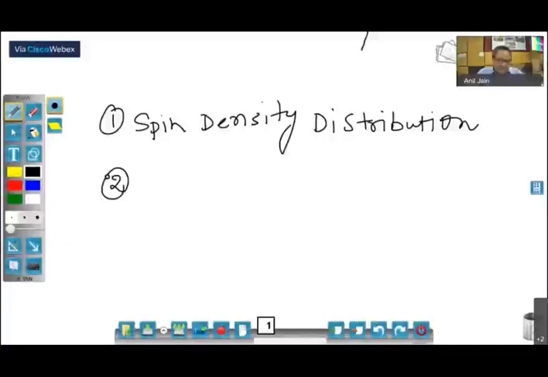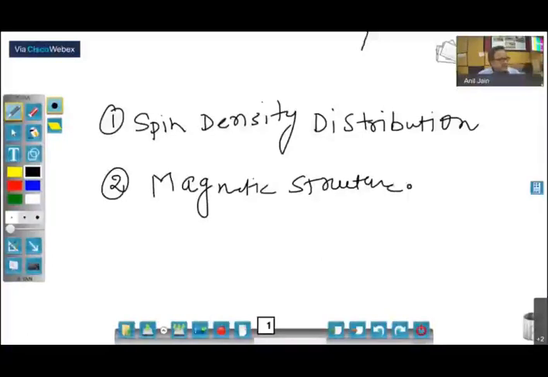Suppose you have a ferromagnetic structure and the moment size is very small, you can determine those kinds of magnetic structure. And when you do an inelastic neutron scattering experiment, which will be covered in the next sessions, if you use polarized neutrons, then you can separate the magnetic contribution from the nuclear contribution.